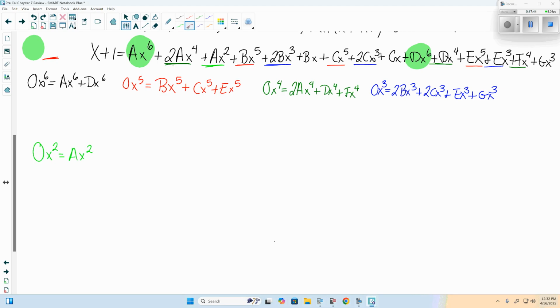Then we move to x. We have an x, so x is equal to bx plus cx. That's it. Let's put this under the gx cubed, otherwise.